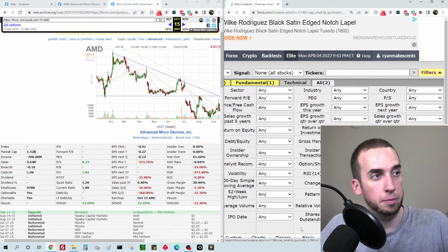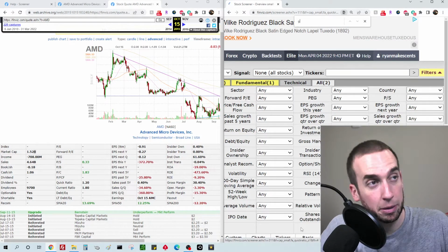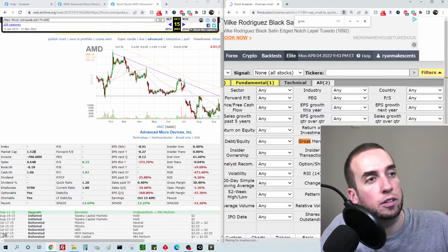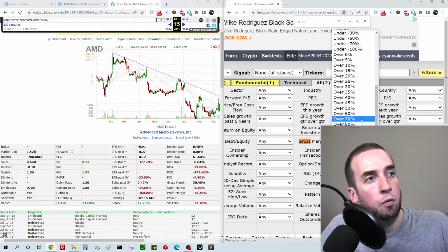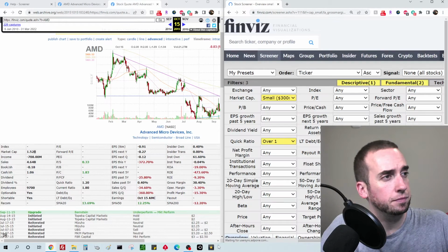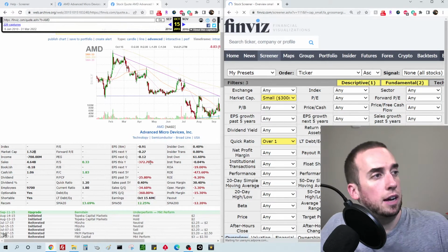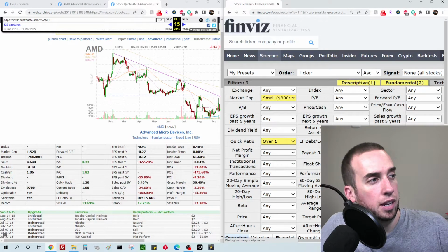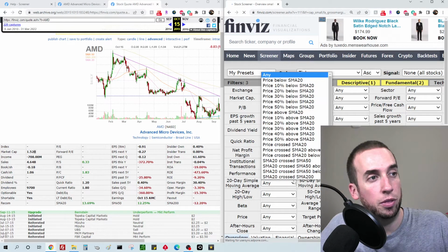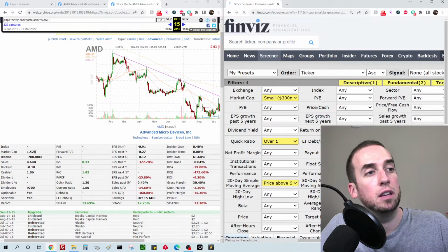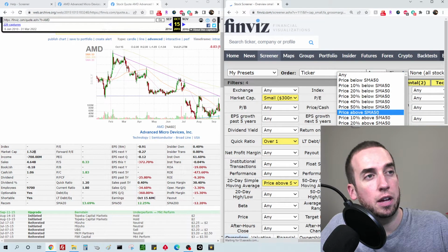And if you can't find something, do Control F and type in gross, and it'll show you where it is. Over 30%. Check. We can also see the SMA 20 and the SMA 50. Price above SMA 20, price above SMA 50.